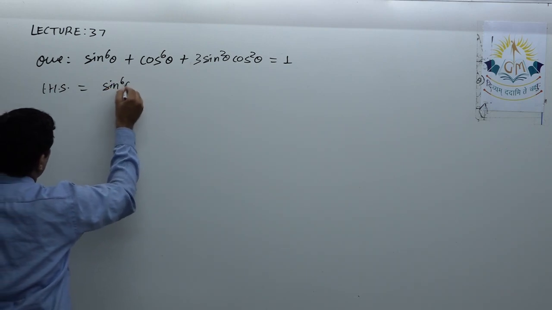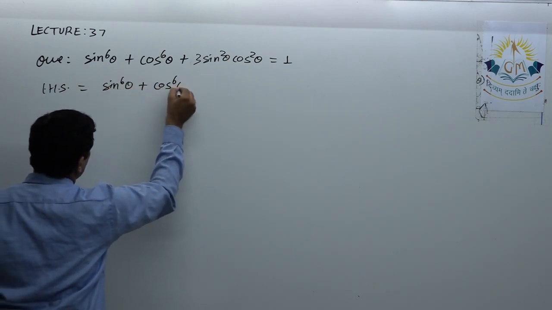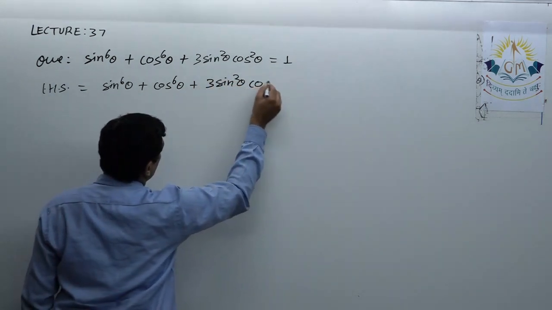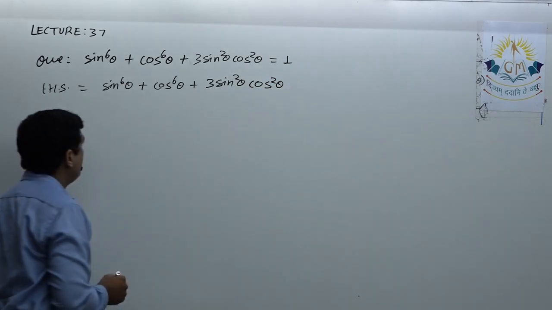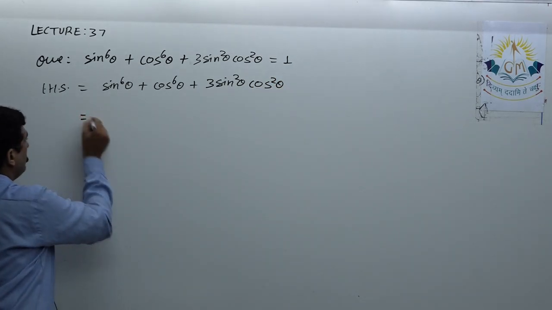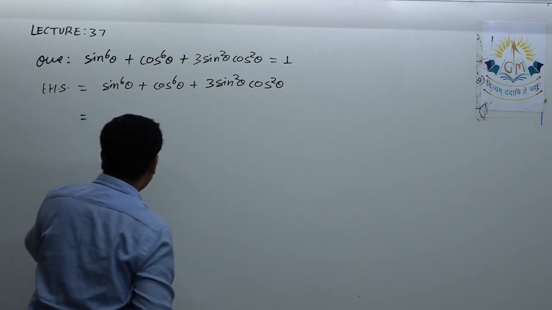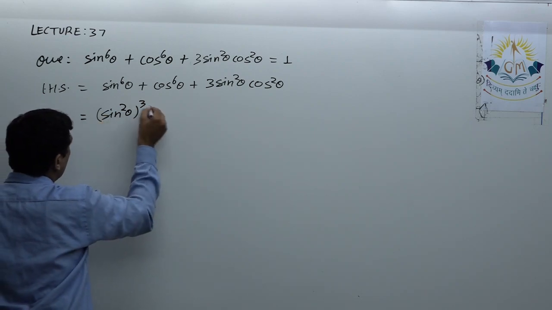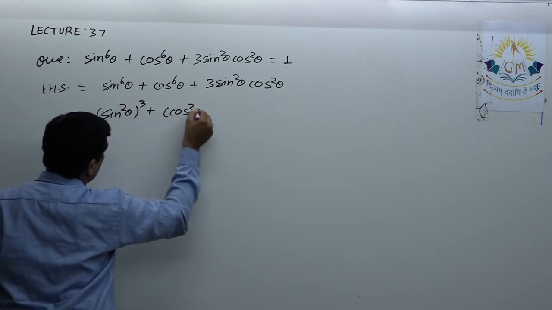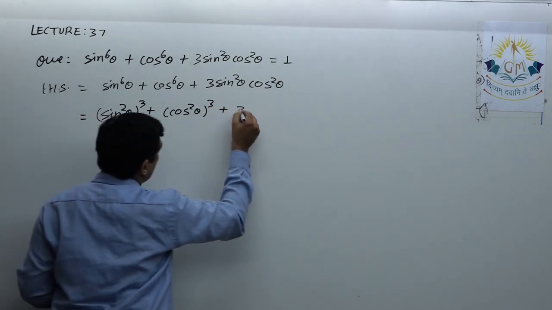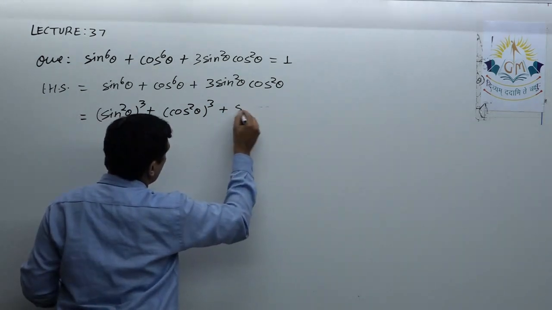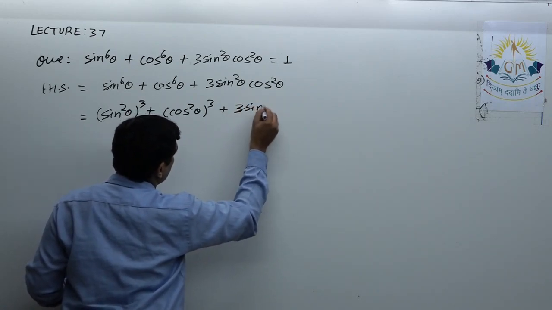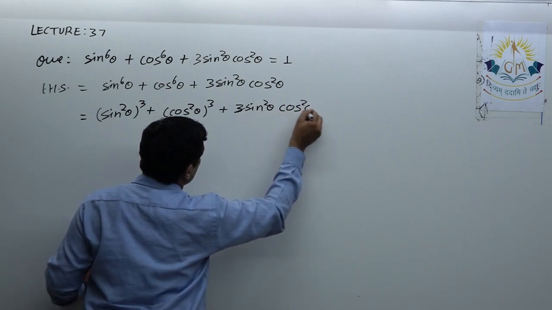Sine raised to 6 theta plus cos raised to 6 theta plus 3 sine square theta cos square theta. See here I can write sine square theta whole cube plus cos square theta whole cube plus 3 sine square theta cos square theta.